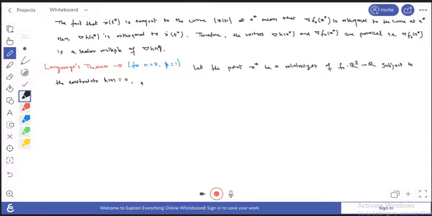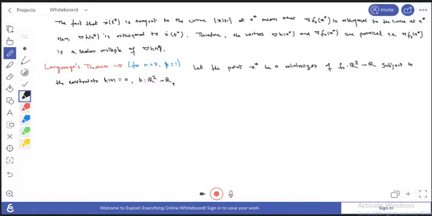Because here p equals 1, we take only one equality constraint. So here h is a mapping from R2 to R. This is the statement of Lagrange's theorem.